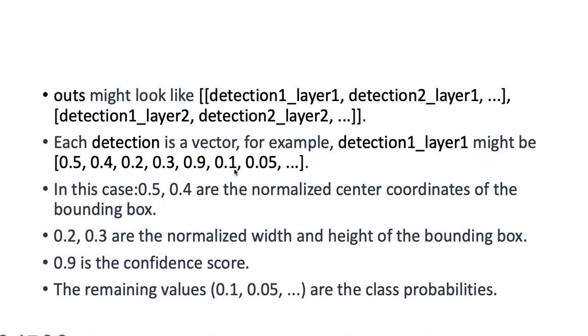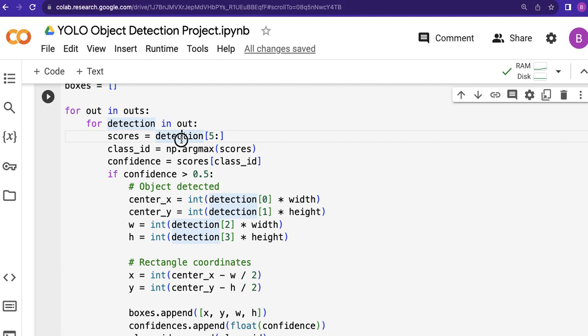So we are going to retrieve that, that's why this 5 colon means from the fifth location onwards all the values will be retrieved, and those will be called scores for that particular object.